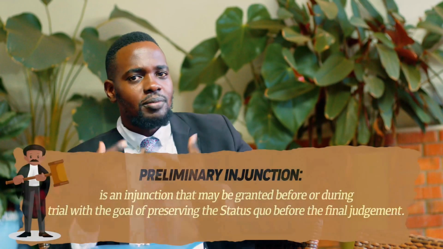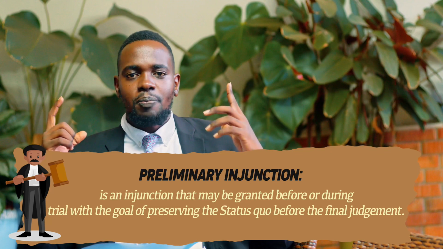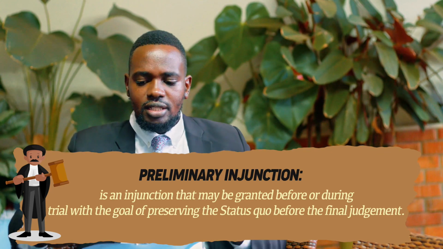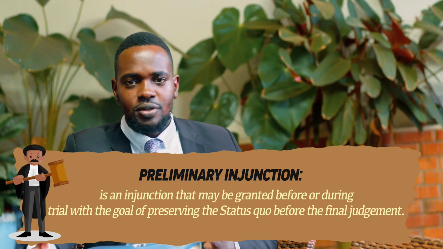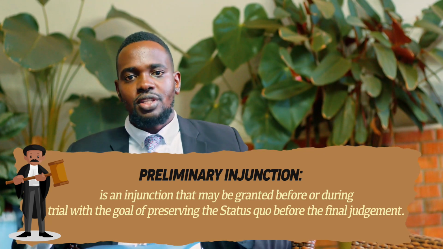So now that I've explained what an injunction is, let me explain the different types of injunctions. Number one, preliminary injunctions. The word preliminary means beginning. So a preliminary injunction can take place before or during a court proceeding.